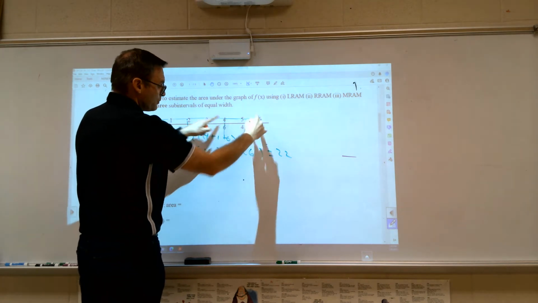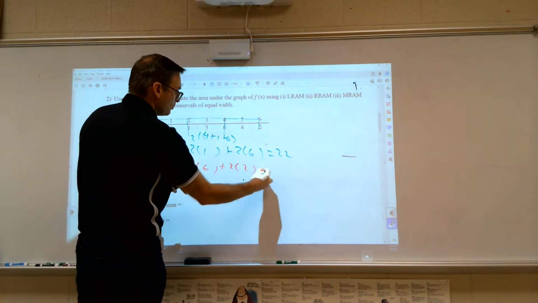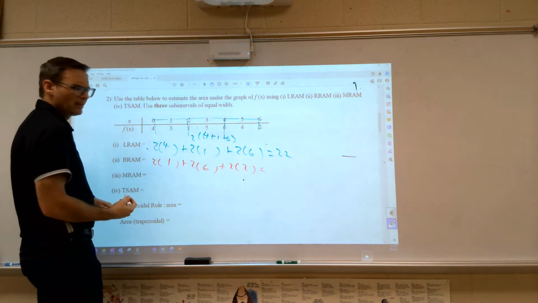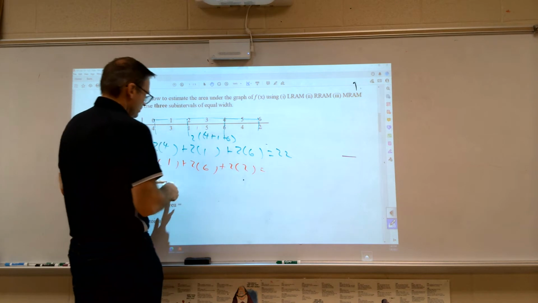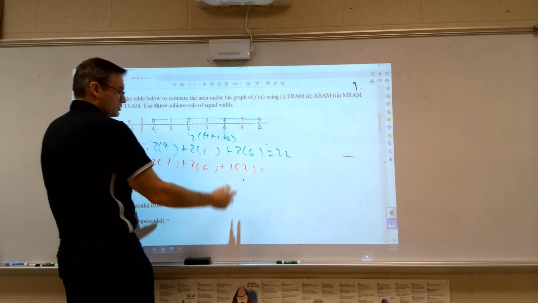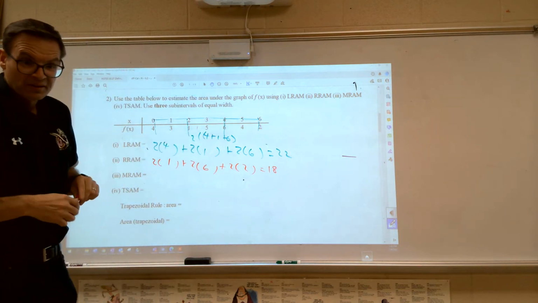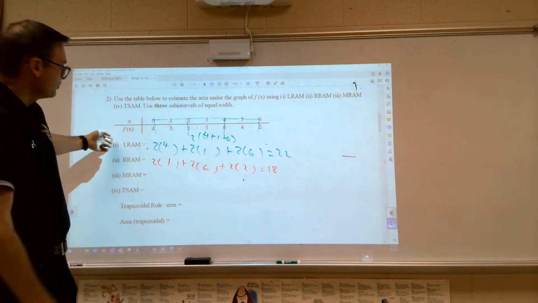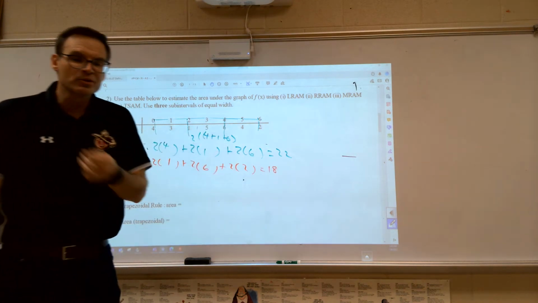The width of this last rectangle is 2, and I get my height from the right, which is 2. When the dust settles, 7 plus 2 is 9, times 2 is 18. So we've computed LRAM and we've computed RRAM, and we've got our numbers.